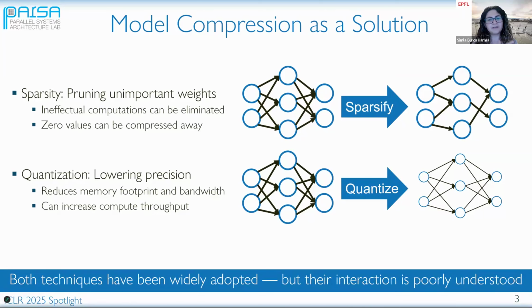Quantization works by reducing the number of bits representing data. This significantly shrinks memory requirements and speeds up calculations. Essentially, quantization simplifies how data is stored and processed. But despite being widely used, how these two techniques interact when combined remains an open question.